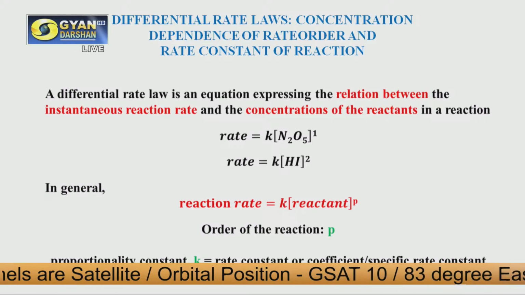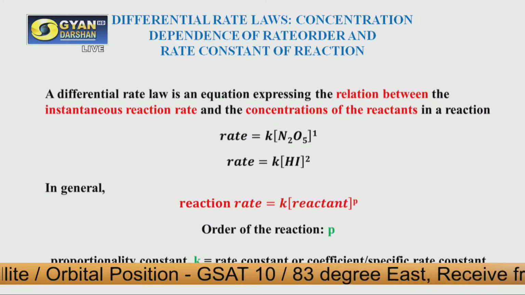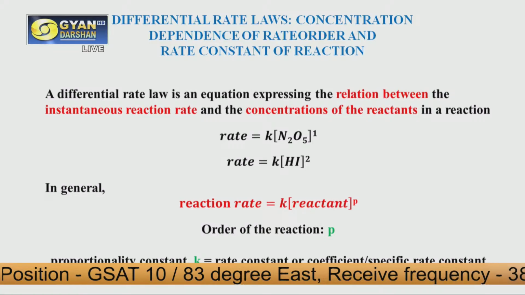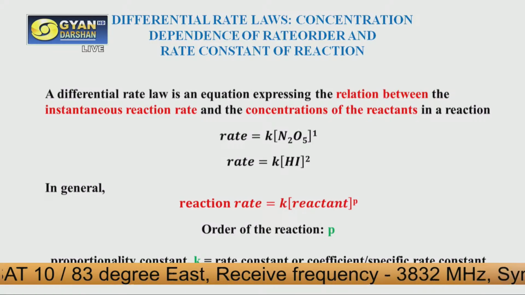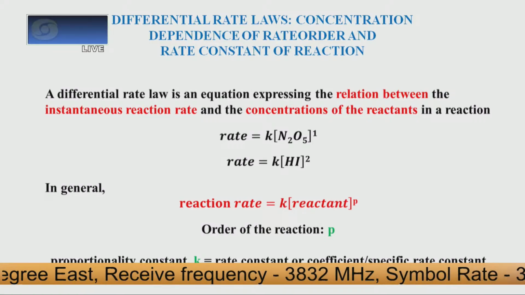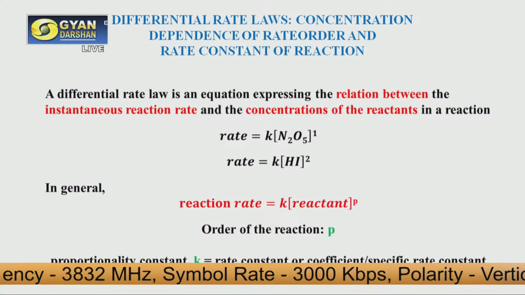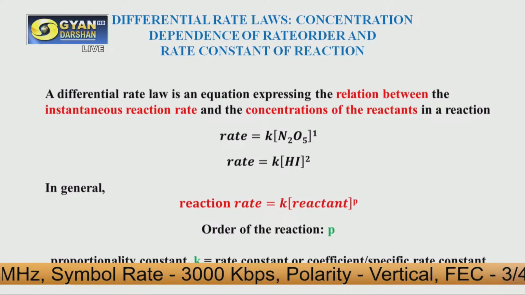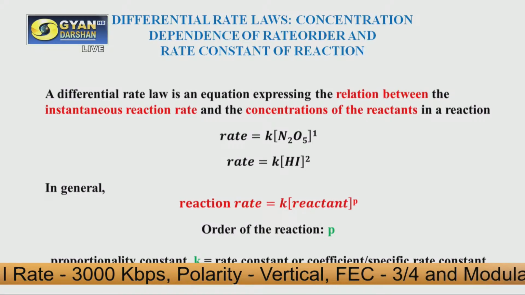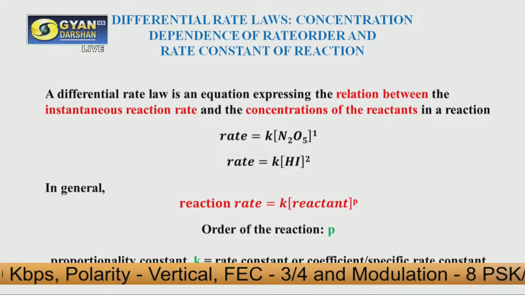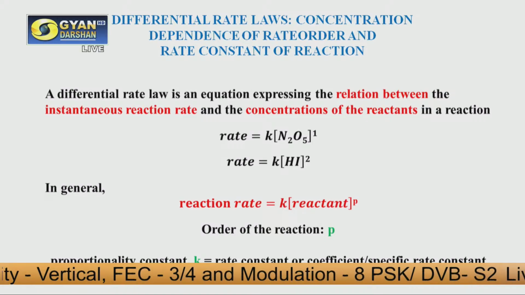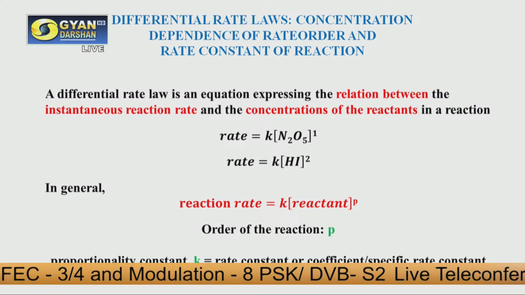If the concentration of reactant is unity, then the rate is directly equal to K, which is the rate constant. So for unit concentration, the reaction rate is directly equal to K. Therefore, K is also termed the specific rate constant. Here we also say that K is the proportionality constant.